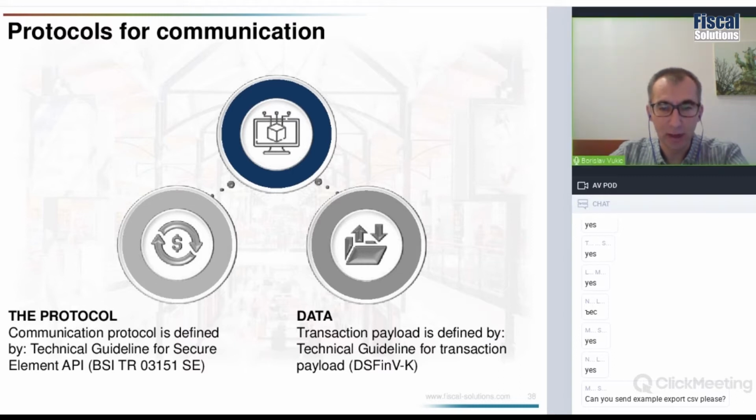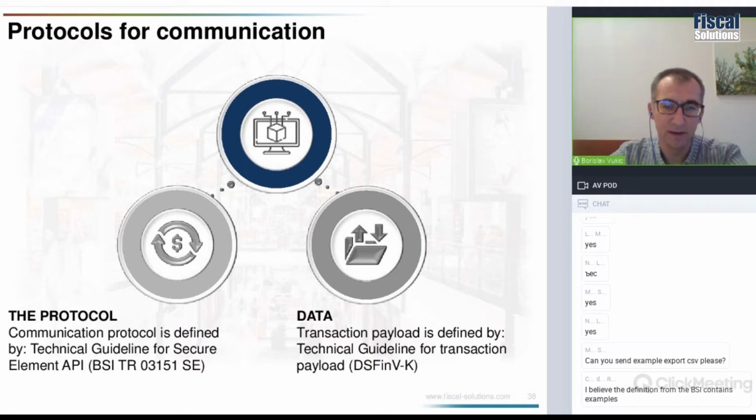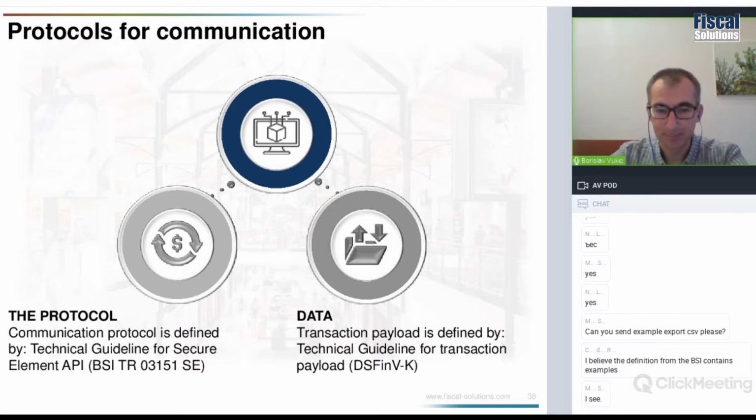And transaction payload, which implies name, type, and description of each field, is defined in DSFIN VK. Today, we will concentrate on the second one, DSFIN VK. If there is any interest to hear more about communication protocols defined by BSI, please write in the comments and maybe we can prepare a new webinar.